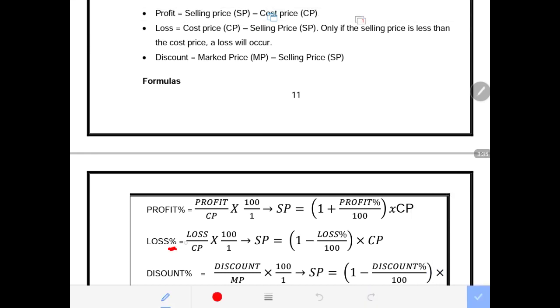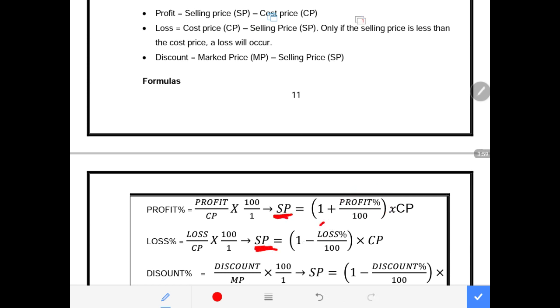A loss percentage is a loss divided by cost price times by 100, which we know that a loss is a cost price minus the selling price when the cost price is greater than the selling price. Then we have a selling price when a loss is made. I want to highlight that this was a selling price when a profit is made. Then this is a selling price when a loss is made.